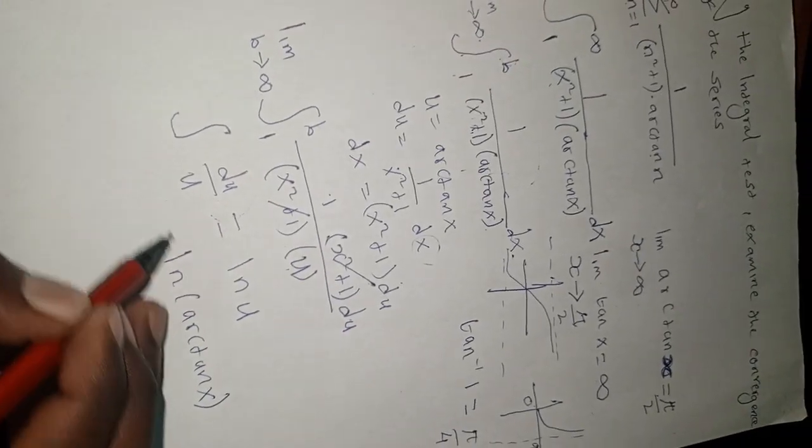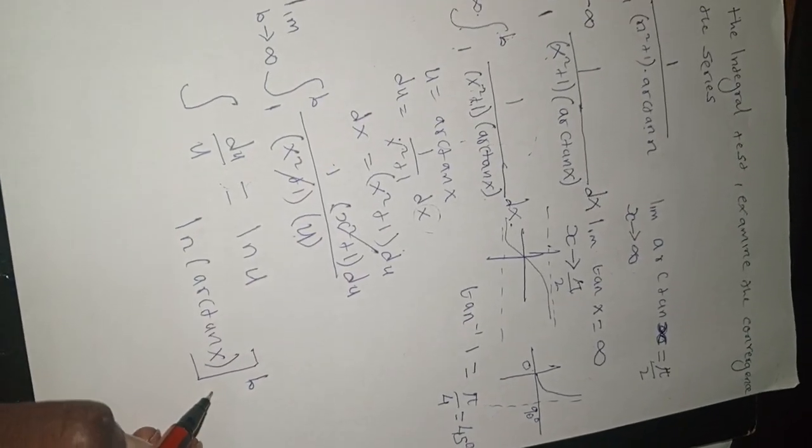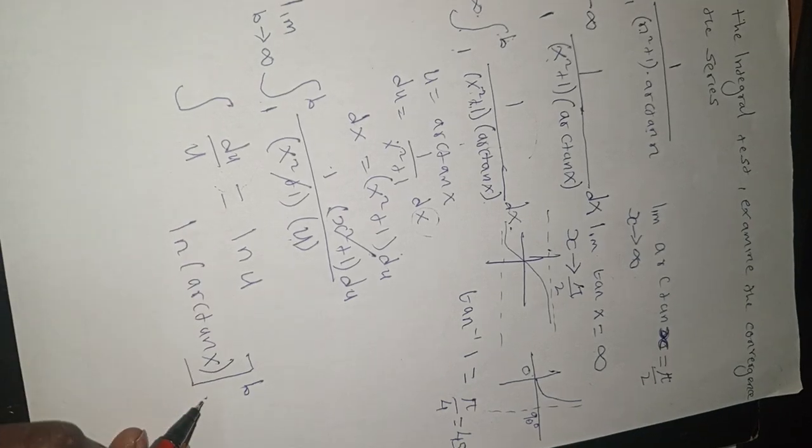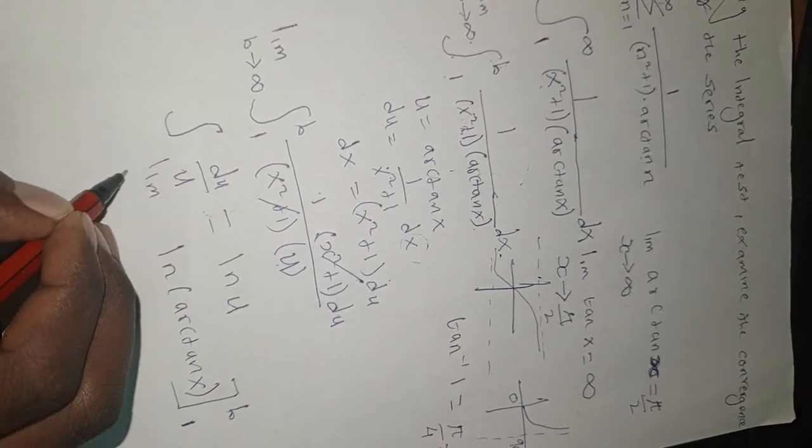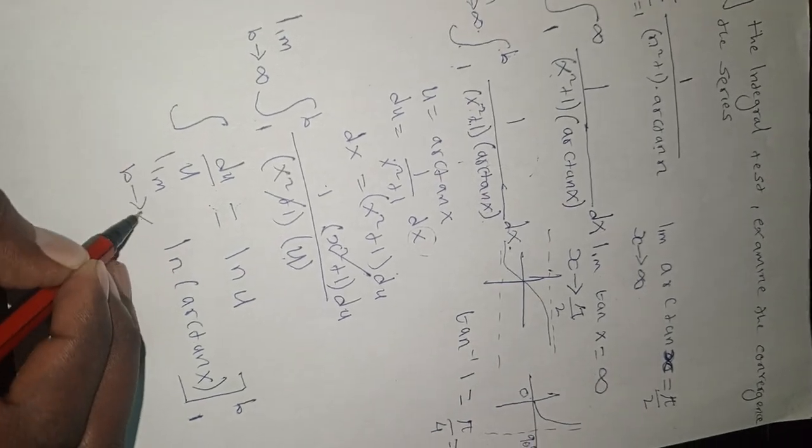Now we can bring back our bounds. We had our lower bound 1, put it here. Now this was a limit as b was approaching what? Infinity.